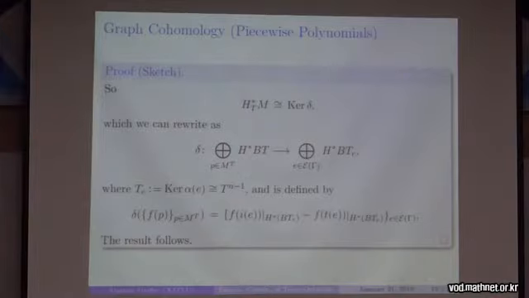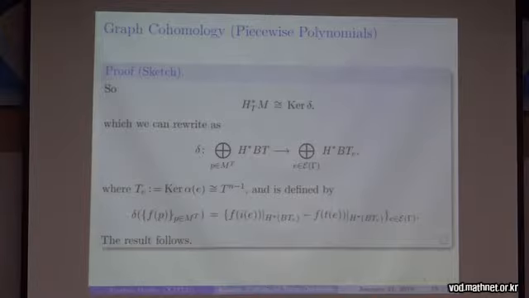Then we can rewrite this map delta so that on the right hand side we are taking copies of H star BT_E, where T_E is an n-1 dimensional torus associated to the edge E, the kernel of the axial function associated to E. Remember, that's a homomorphism from T to S1, so its kernel would be an n-1 dimensional torus.